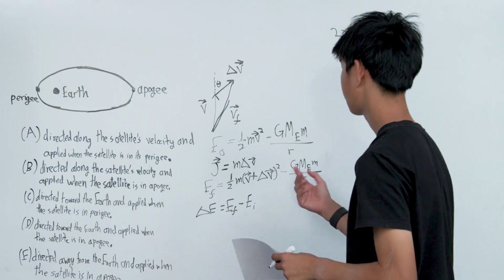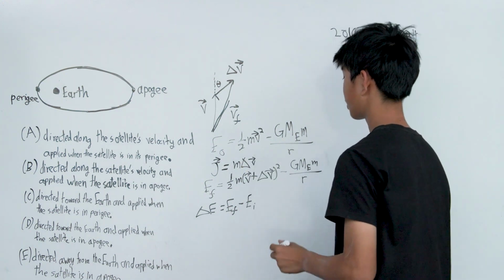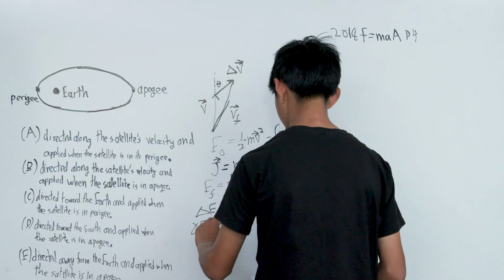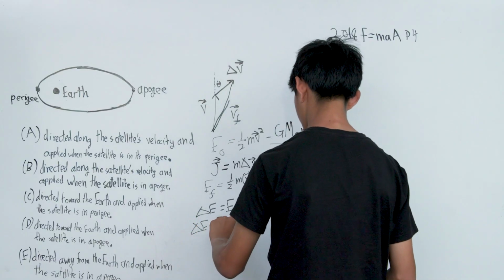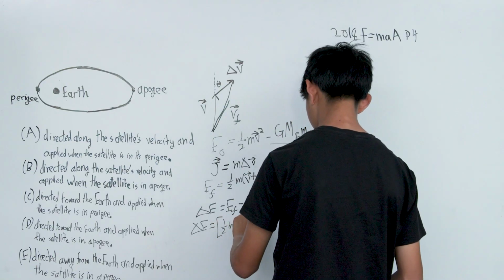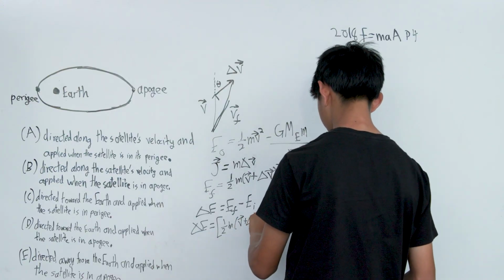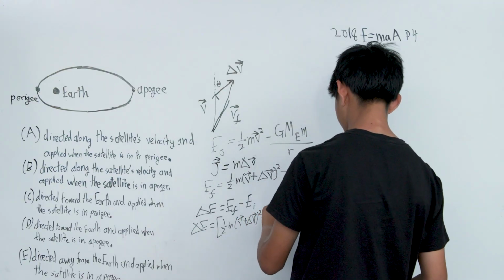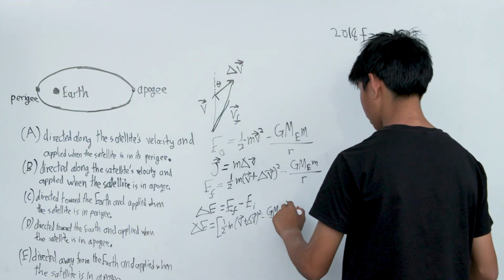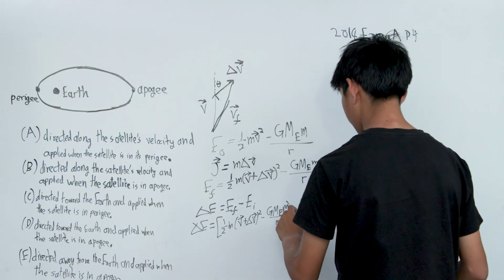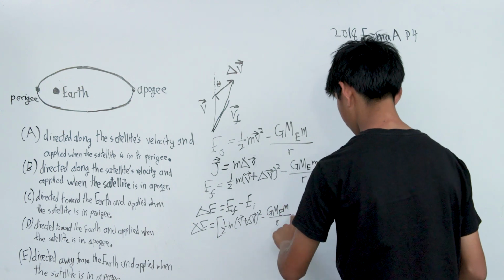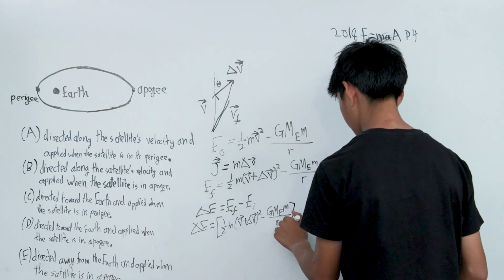We can just do this by plugging in these two equations that we just found. So the change in energy would be 1/2 m (v plus delta V) squared minus G m sub E times m over r, in brackets.